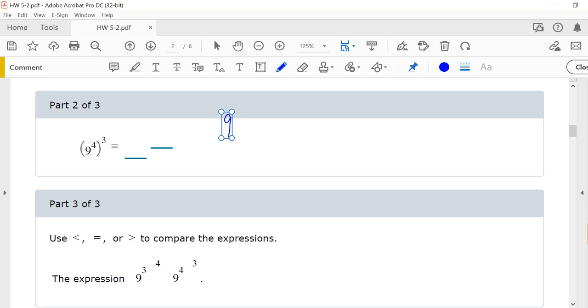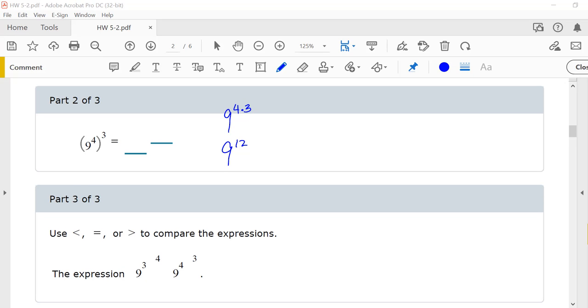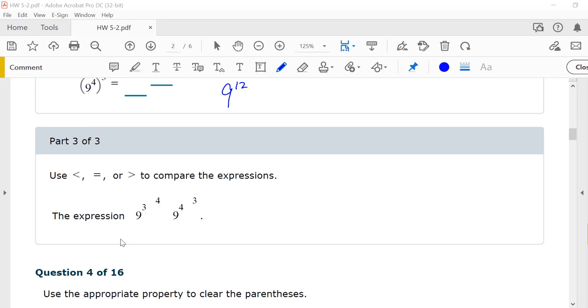So that's going to be 9 to the 4 times 3, which is 9 to the 12th. Now you use a symbol to compare the two expressions. So 9 cubed to the 4th is equal to 9 to the 4th cubed, because we saw that they were both 9 to the 12th, right?